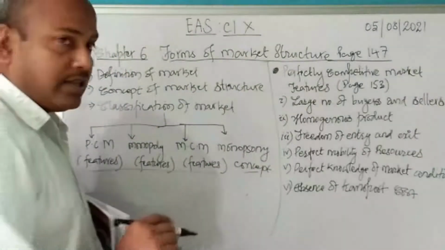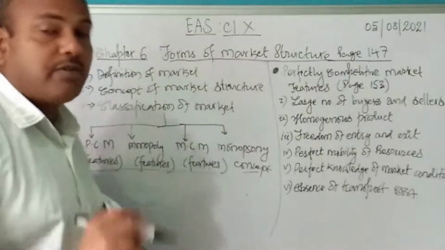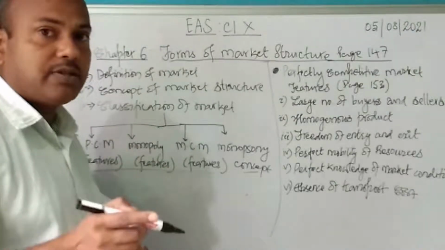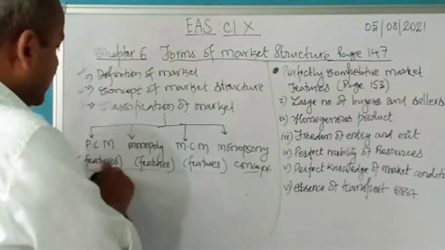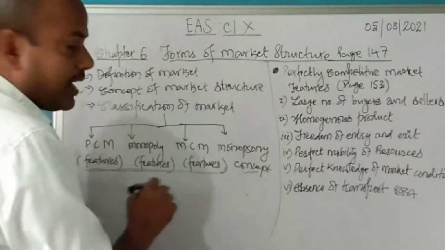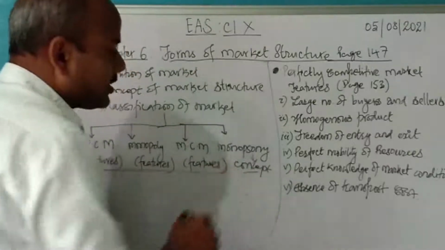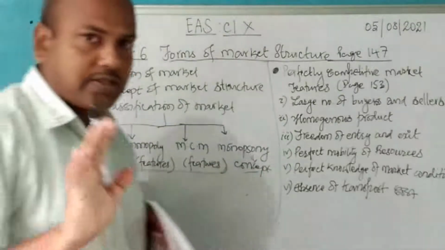Okay, is this clear? There is oligopoly market also, but that is out of syllabus. We will discuss only what is given in the syllabus. Definition and features of these three markets, and only the concept, that's the definition and the concept of monopsony. Features is out of syllabus.